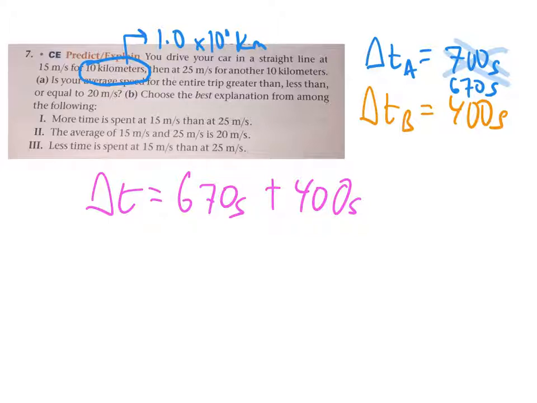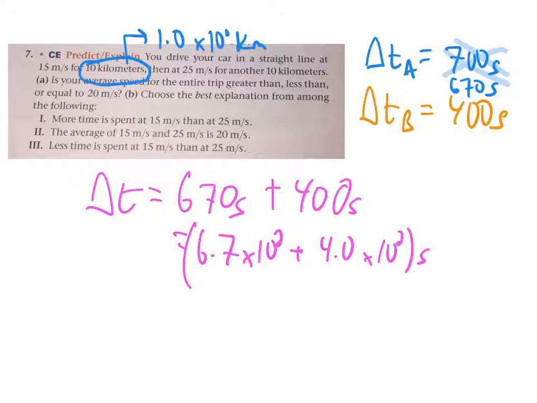So these would really be, with our correct precision, 6.7 times 10 to the 2 plus 4.0 times 10 to the 2, all in seconds, which turns out to be 1.1 times 10 to the 3 seconds, or again 1100.